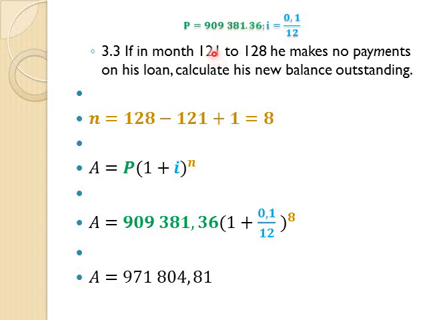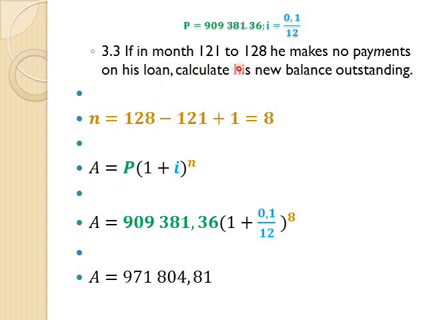So now, first month of the 11th year up to the 8th month, he makes no payments. So N is 128 minus 121, very important, plus 1. When I subtract here, it gives me 7, but if I count from here to there, it's actually 8. So therefore 7 plus 1 gives me 8.